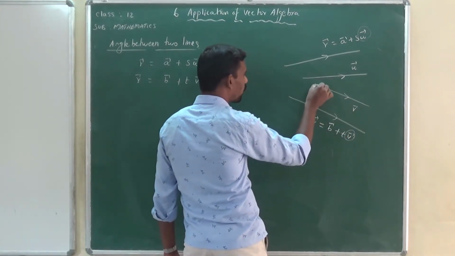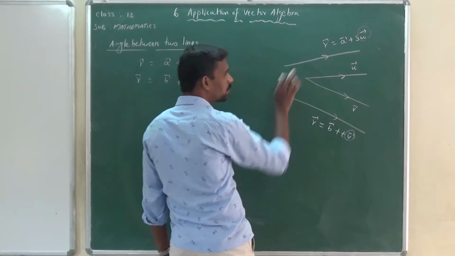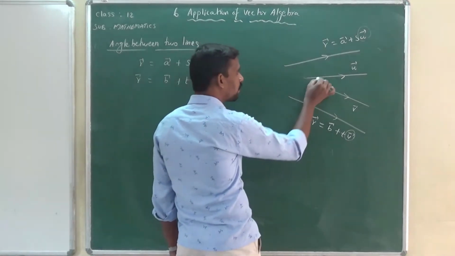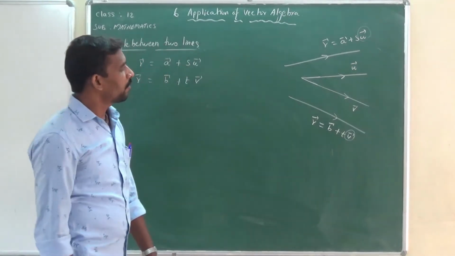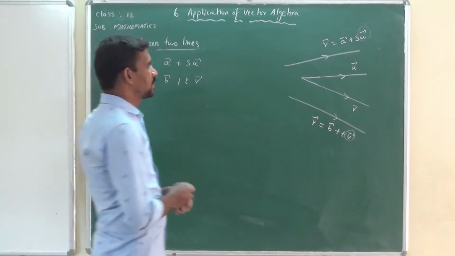These two vectors will definitely intersect. The lines also will intersect. Now we want to find the angle between two lines.